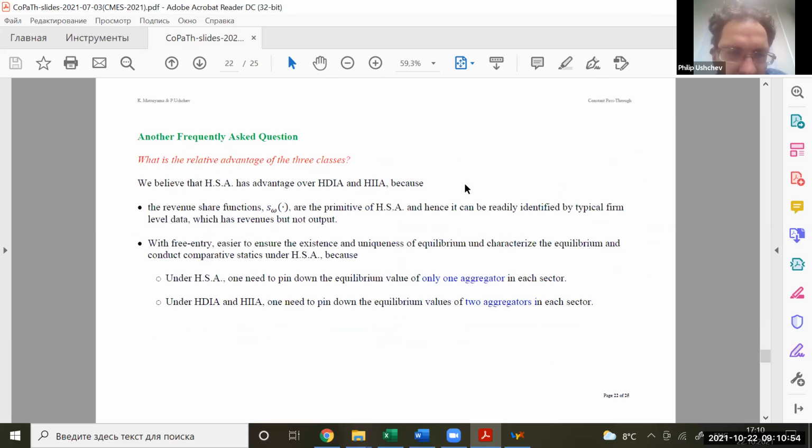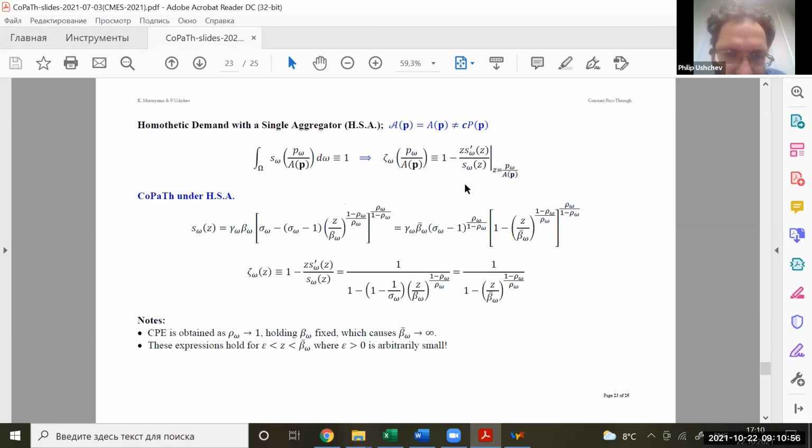To get this COPATH thing, all you need is to specify this market share function in this particular way, where you can see all the sources of heterogeneity, including the market size heterogeneity, which didn't show up in the pricing rule but does show up in this HSA specification.